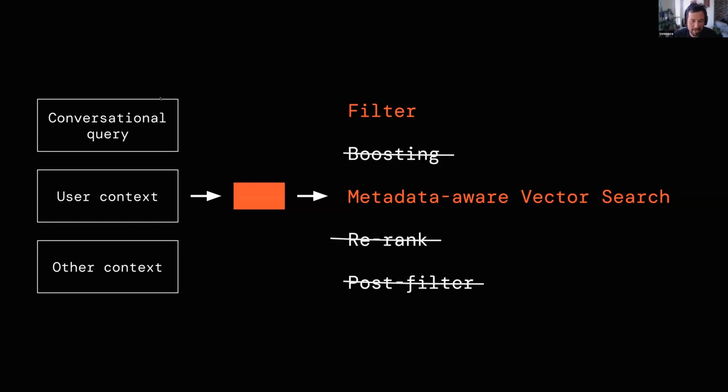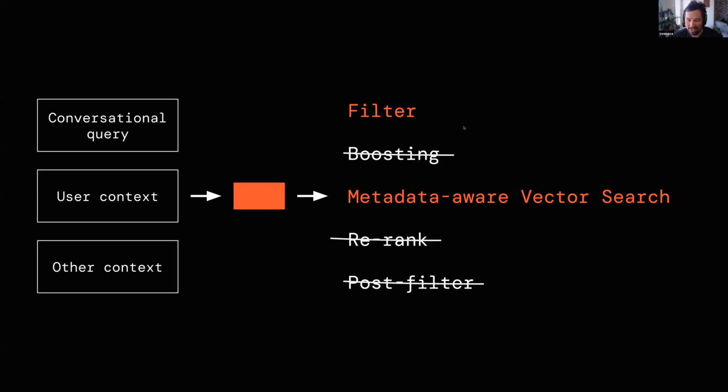In principle, we should still have the same inputs on the left. We have our text query, we have our user context, we have our other context. And ideally, we should have some kind of box that converts that into pretty much two things. We should stuff all the signals we can that look like that bias into a vector. And if there is explicit filter content, or if we just need to filter the results based on access controls and so on, we should also generate some filter predicate, right?